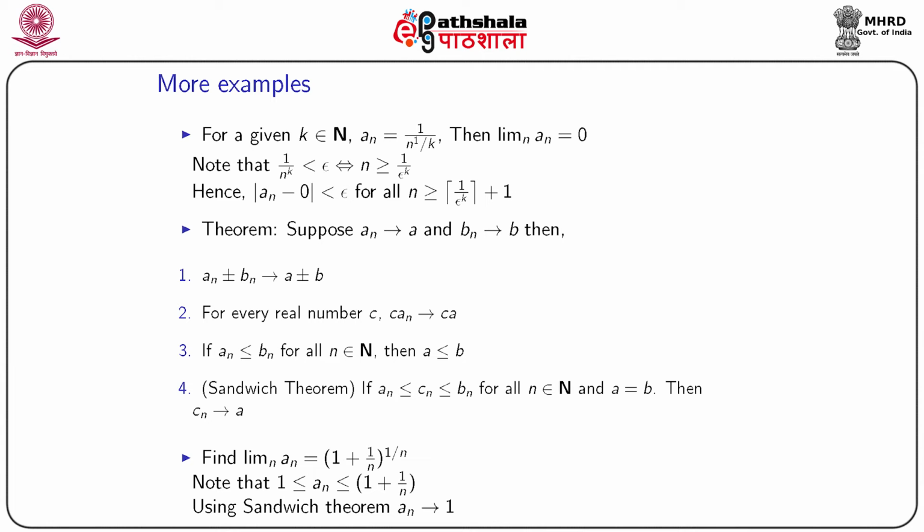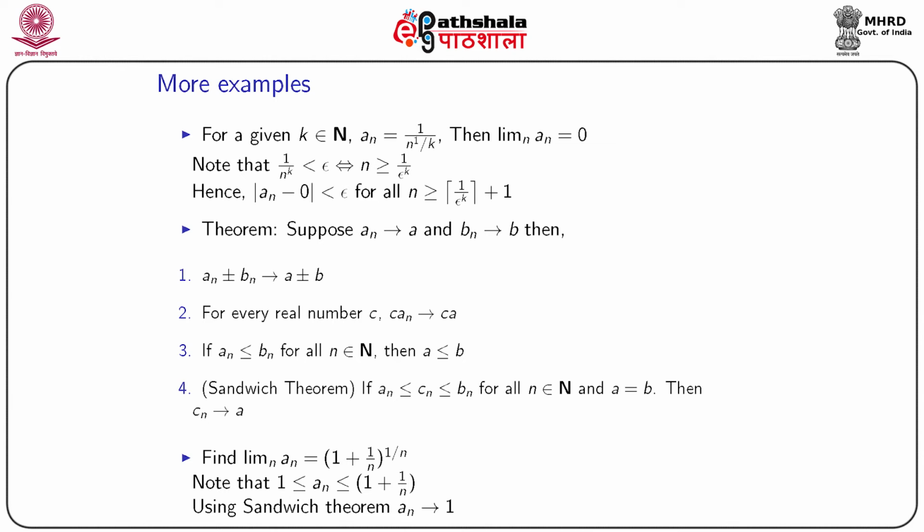It says if cn is in between an and bn, that means an less than or equal to cn less than or equal to bn for all n belonging to capital N, and a is equal to b, that means both the extreme sequences an and bn are converging to the same number, then the sequence which is in between will converge to a. That means cn is converging to a.